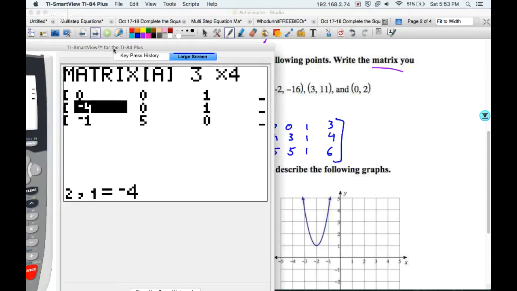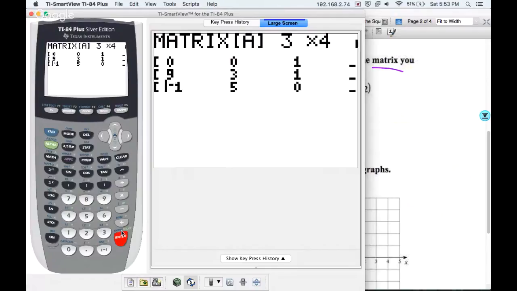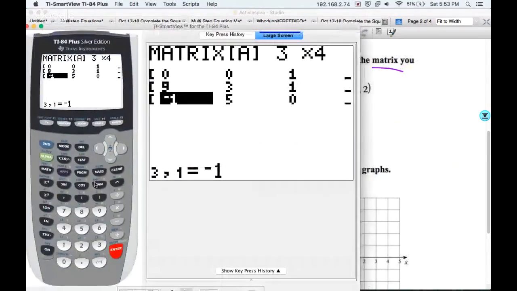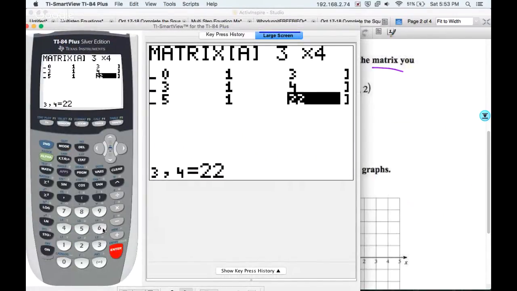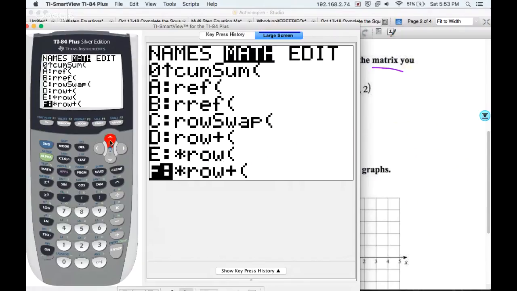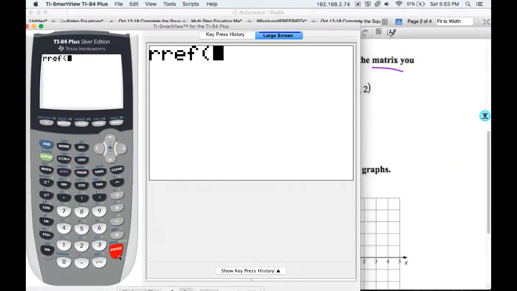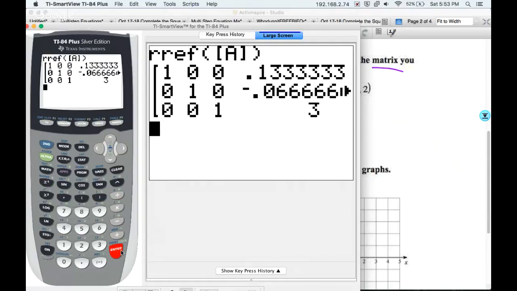Next one was 9, 3, 1, 4. 25, 5, 1, 6. Leaving the matrix, going back into the matrix, going over to math, choosing reduced row echelon form, which is option alpha B. Going back into the matrix the third time, selecting the matrix we just edited, closing my parentheses, and getting my identity matrix and the values for A, B, and C.